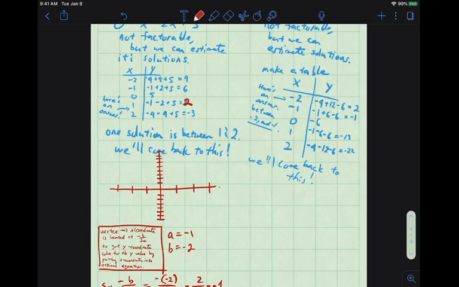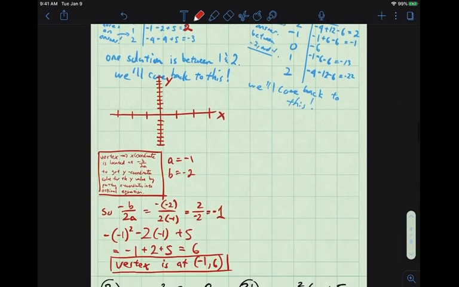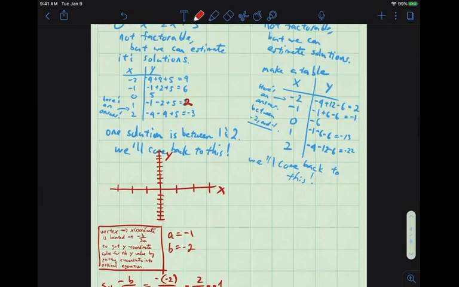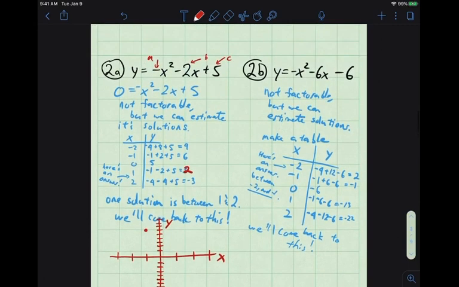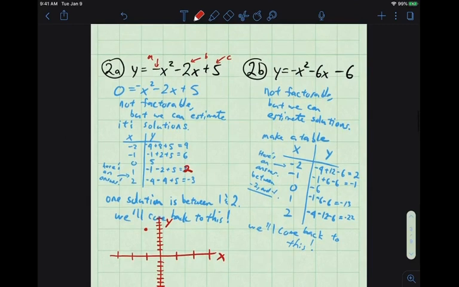Okay. So for our vertex, -1, 6. -1's here. 1, 2, 3, 4, 5, 6. This one's our vertex. I think that was my mistake.